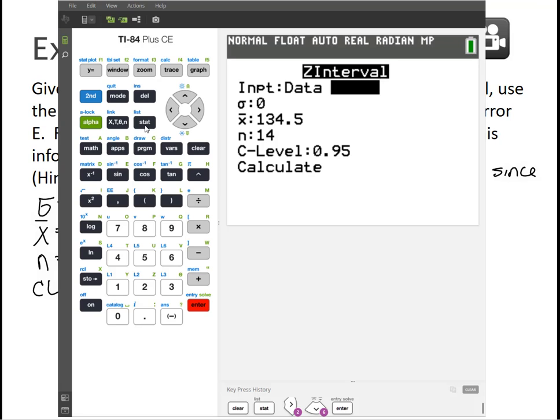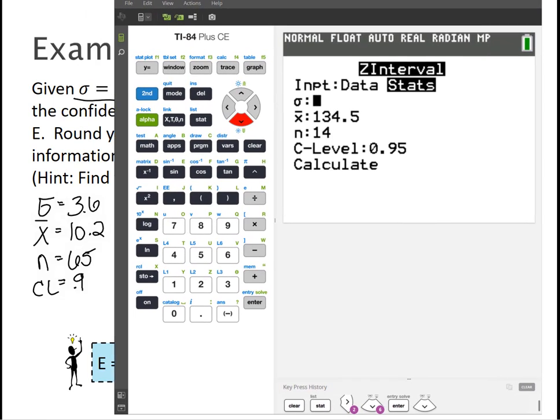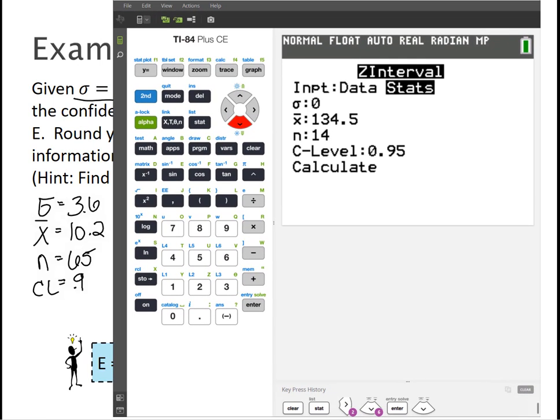In this case, I'm just given a list of stats, not a big table of data, so I'm going to keep it on stats. Now I fill out sigma, my population standard deviation, which is 3.6. My sample mean is 10.2, my n is 65, and my confidence level is 0.9. Once I have all that filled out, I hit calculate.